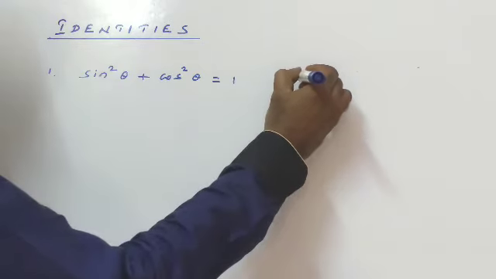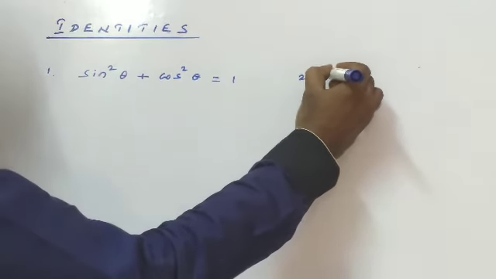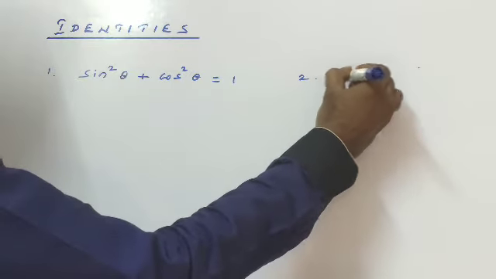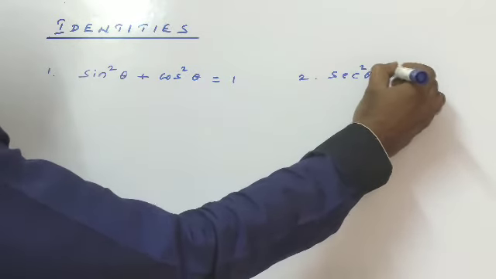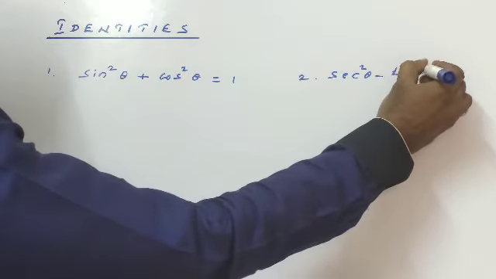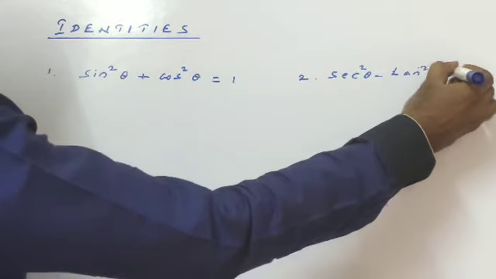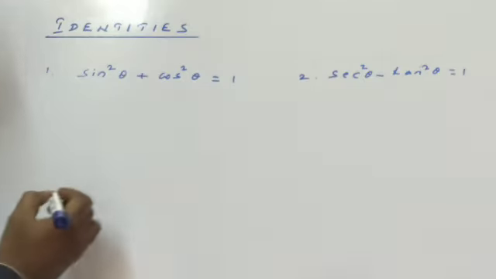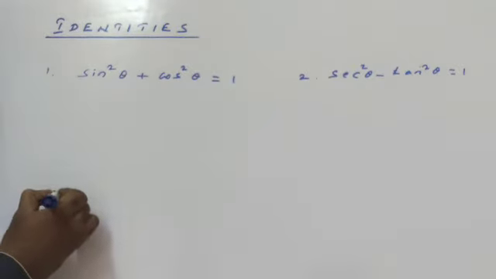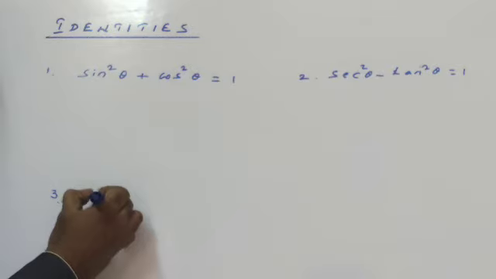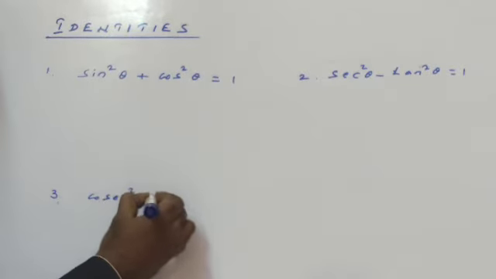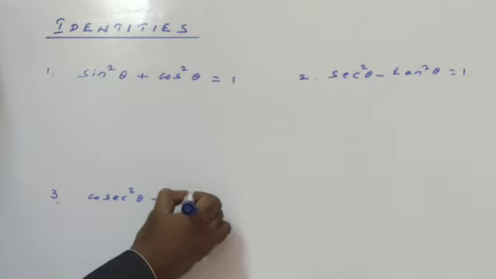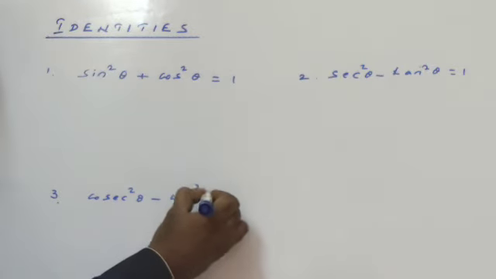Then like this, secant square theta minus tan square theta equal to 1. Cosecant square theta minus cot square theta equal to 1.